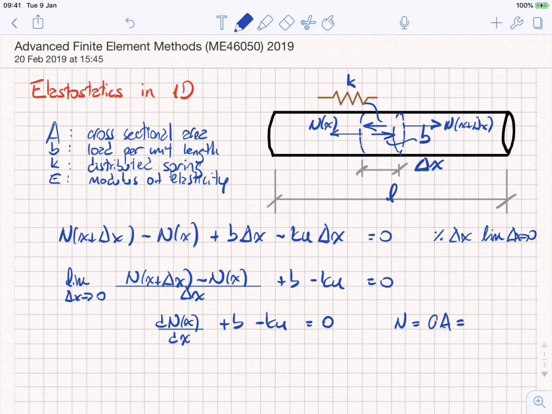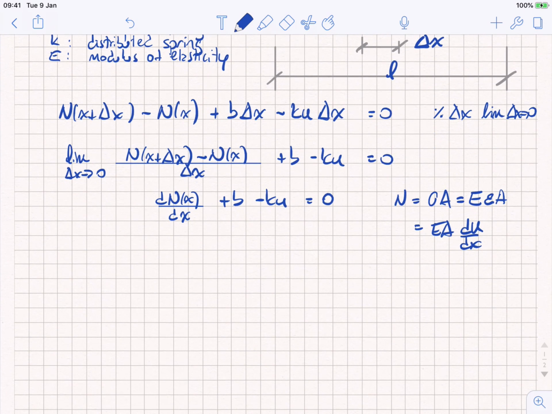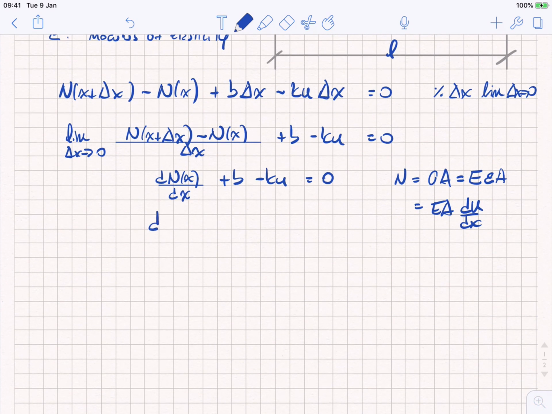And because of Hooke's law, this is the Young's modulus times the strain times the area, and this is equal to our expression E A du/dx. And so our final equilibrium equation becomes the derivative with respect to x of E A du/dx plus b minus ku equal to 0.